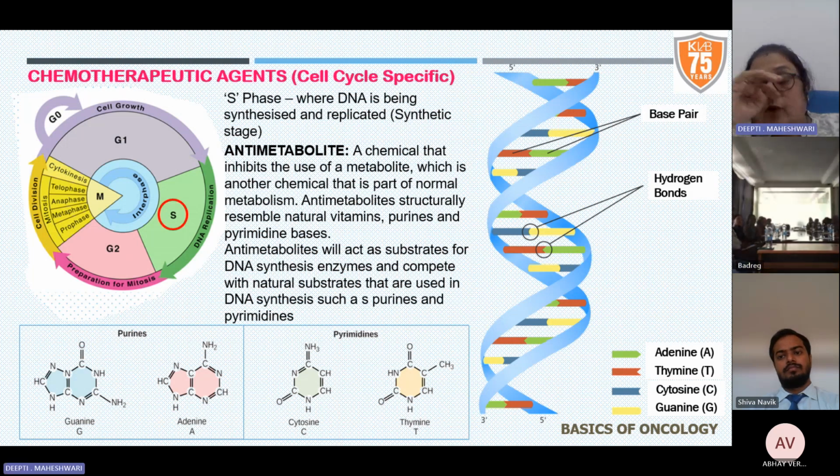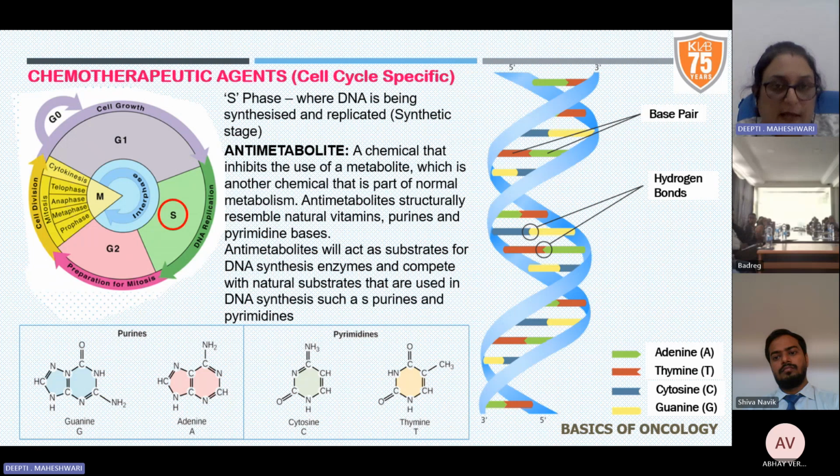Then what is the significance of understanding cell mitosis? We also saw what chemotherapeutic agents are, what their role is, how the dose can be regulated, and how they act. Now let us understand the different types of chemotherapeutic agents.